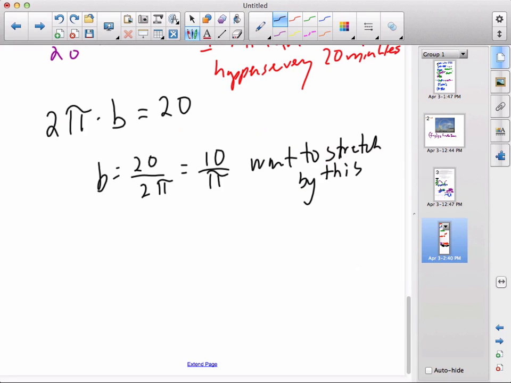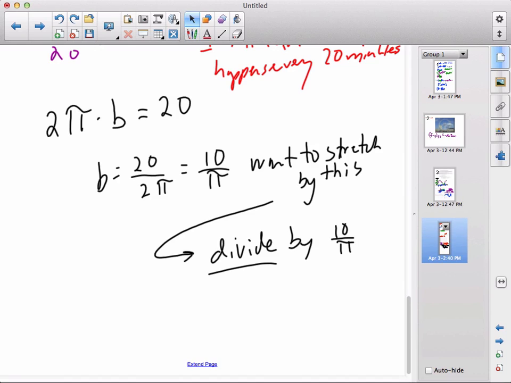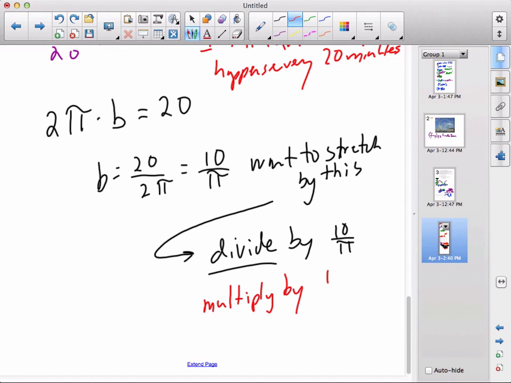In order to do a stretch, we have to divide x by that. Remember, it's a horizontal stretch. So if we want to scale by a factor of 10 over pi, we actually divide by 10 over pi, or multiply by the reciprocal of 10 over pi, which is pi over 10.